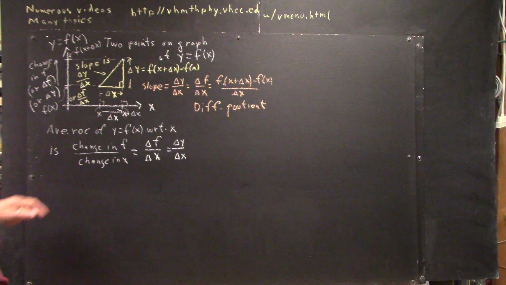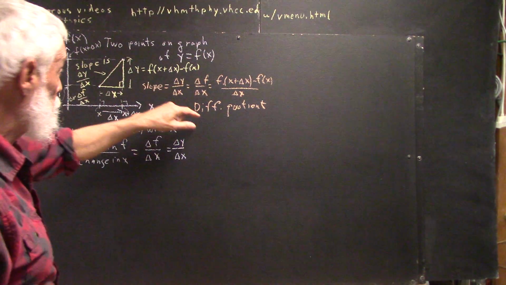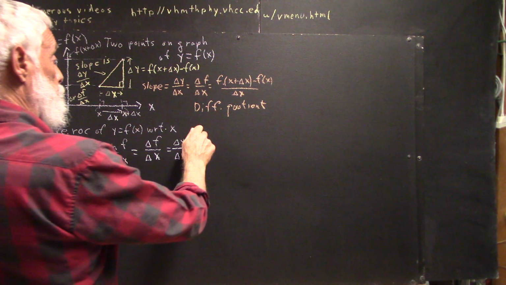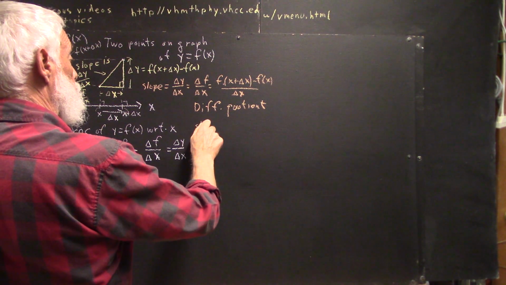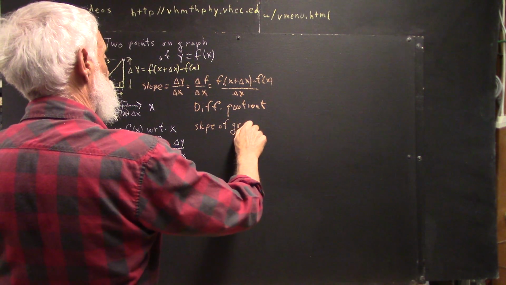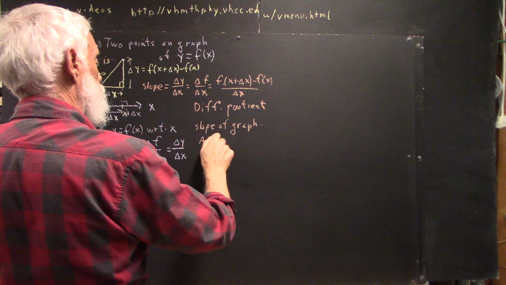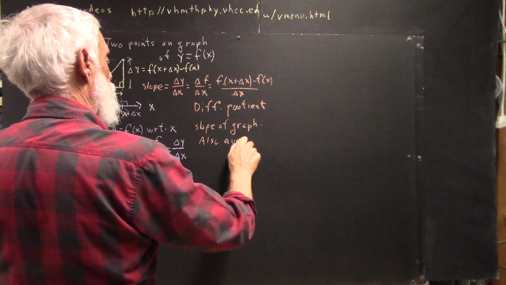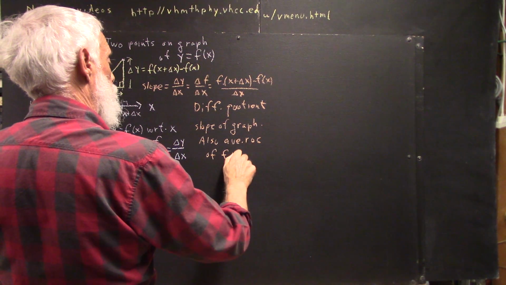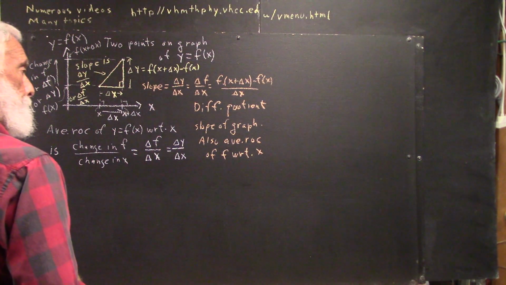And our difference quotient, therefore, represents the slope of this graph. It also represents the average rate of change. And we'll say that's the average rate of change of f with respect to x.